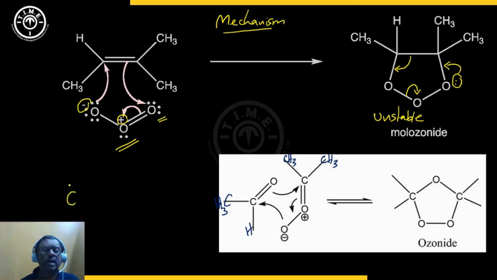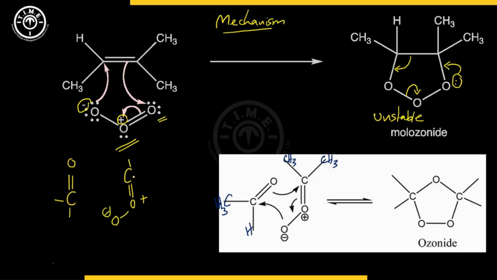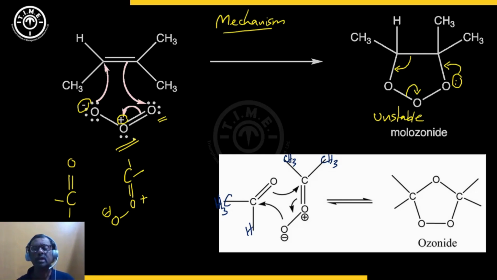Now, that C double bond O with the two bonds here, and this C with a double bond O with a plus charge and a single bond O with a minus charge, and then two substituents attached, CH3 and CH3. Now this is going to attack this carbon, and with that pi bond it is going to attack that carbon, and then this pi bond will give back the electron density on oxygen as a lone pair, and then we'll get the ozonide, which is stable.